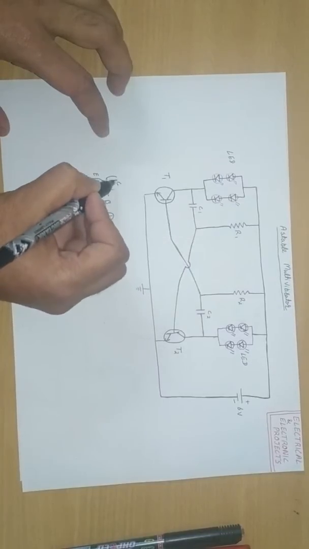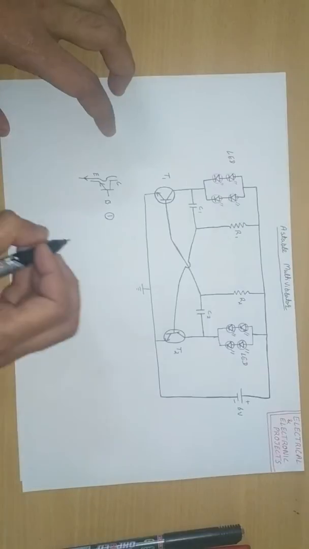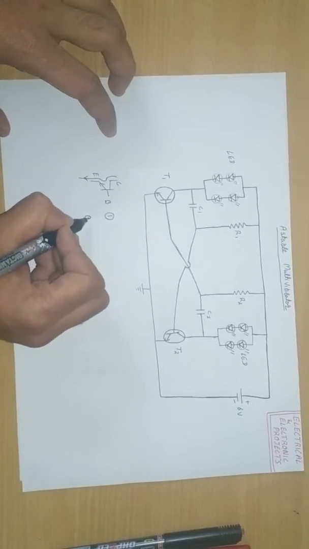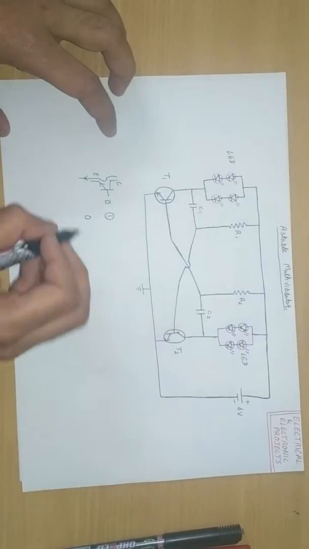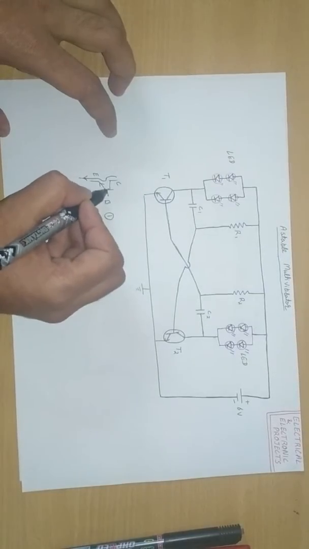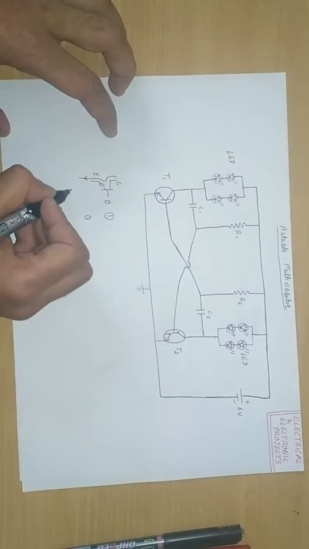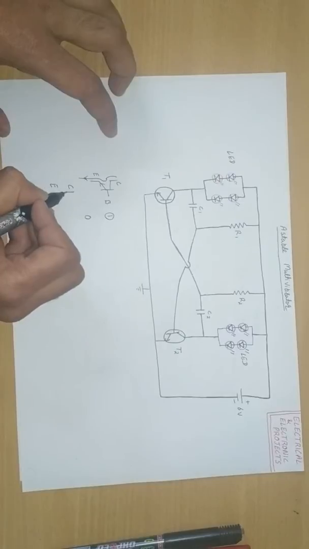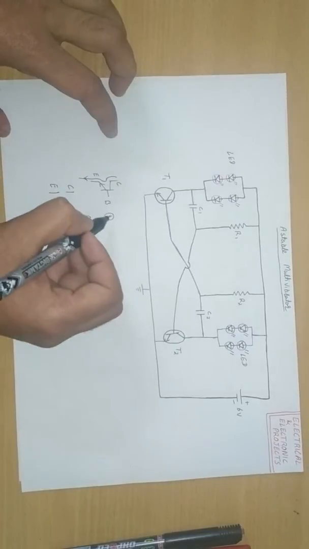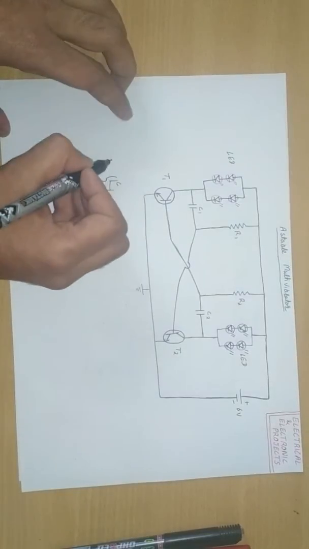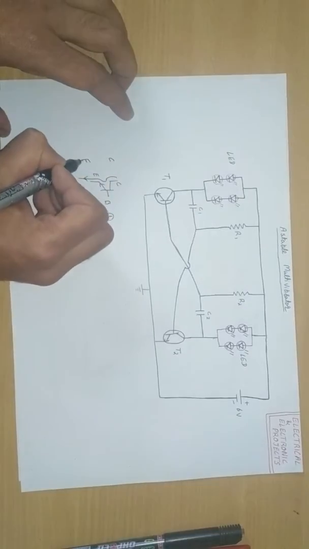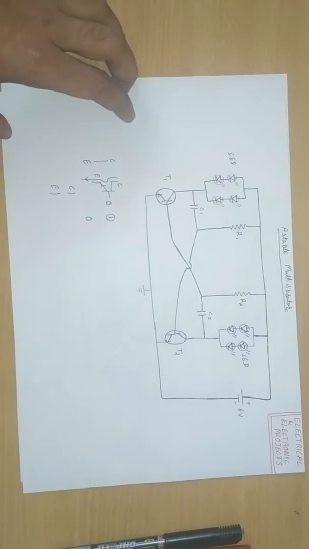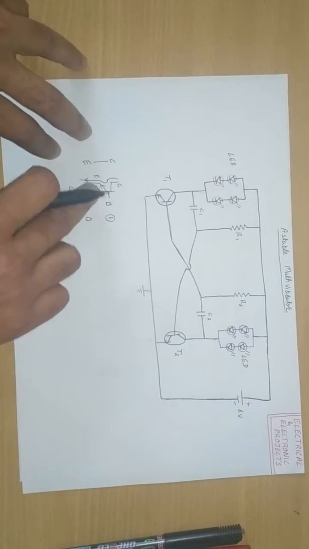Current flows from C to E. When base voltage is 0, or say very low, then our transistor acts as an open circuit. So C and E now act as open circuited. When base voltage is high, C and E act as a short circuit.